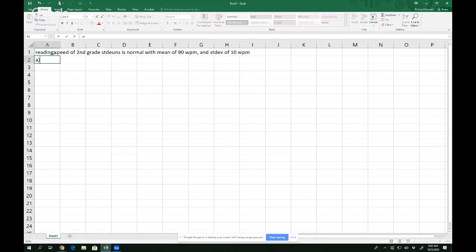Part A says, what is the probability that a random sample of size 24 will read greater than 95 words per minute?